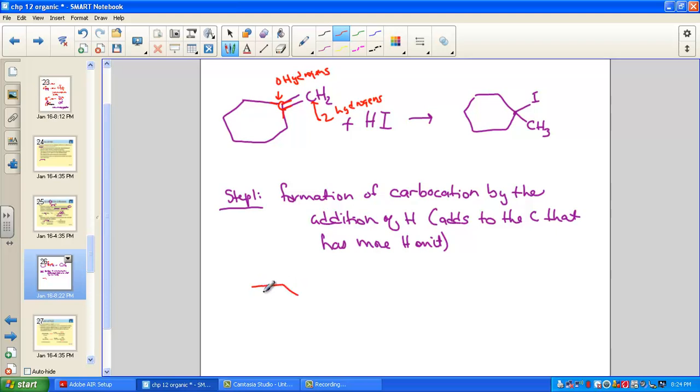So here's my original reactant. Alrighty. And I'm going to say step 1, it reacts with the hydrogen first of hydrogen chloride. We're doing hydrogen iodide. Hydrogen's a +1, iodide's a -1.